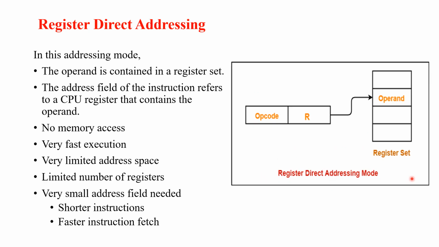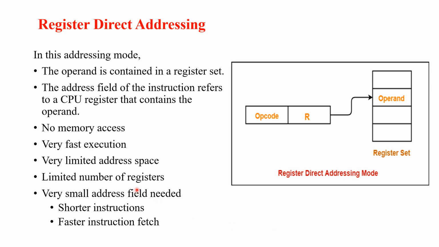In register addressing mode, the operand is stored in one of the CPU's internal registers. Instead of pointing to a memory location, the address field of the instruction directly refers to a CPU register that holds the operand. Since the operand is already inside the processor, there is no need for memory access, which makes this addressing mode extremely fast.